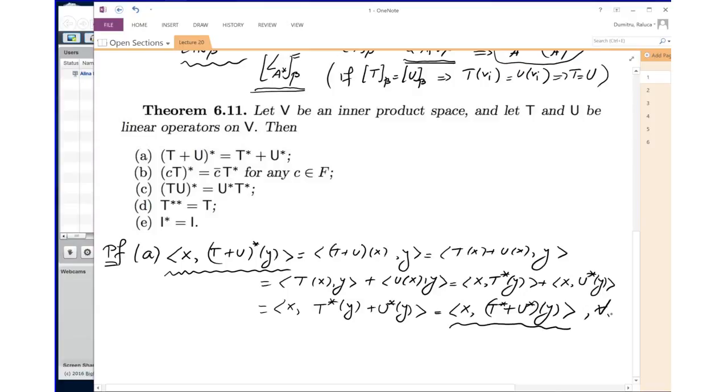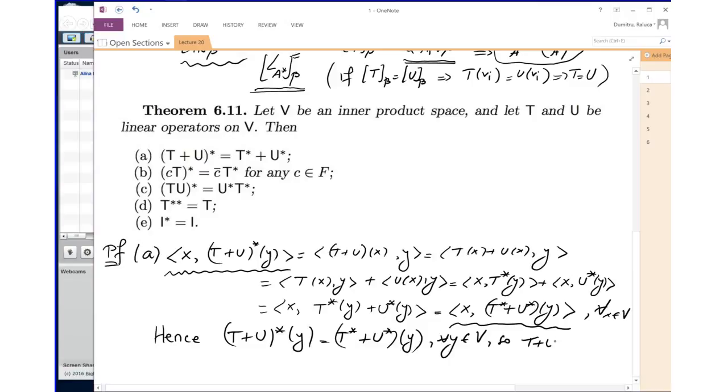And this holds for every x in V. And you know that whenever this happens with x in the first entry in both, then the second entry must be the same. So we're done with the first property, A.